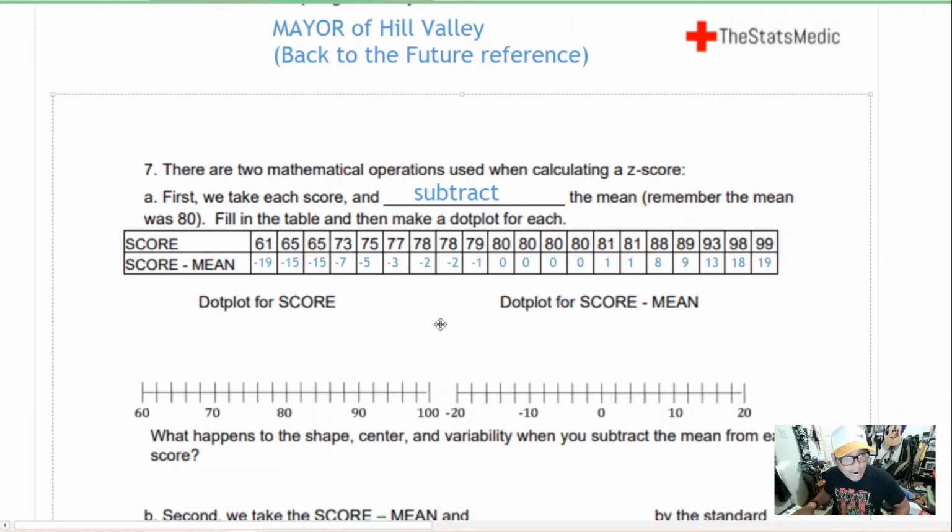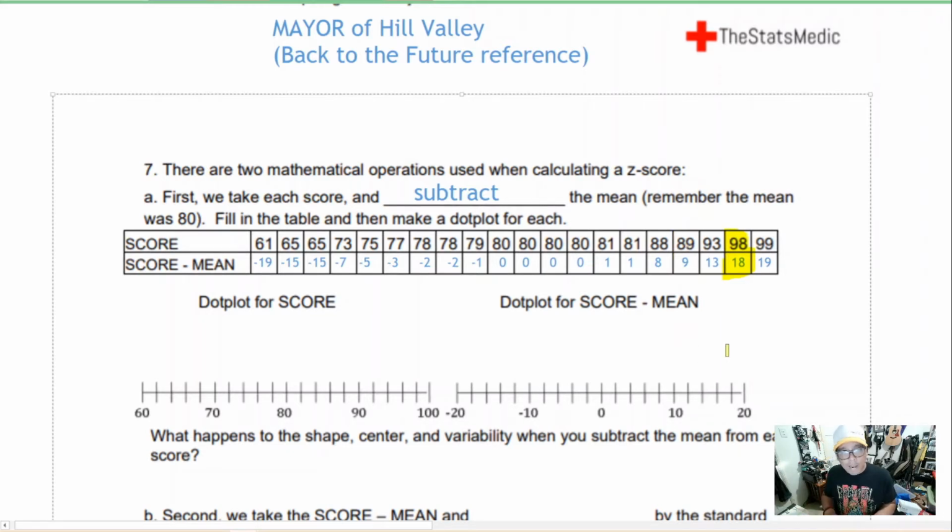So after we subtract, we get these scores here. 78 becomes negative 2. For example, 80s are all zeros. Over here, 89, that's 9 above. Here's Goldie. 98 minus 80 is 18.